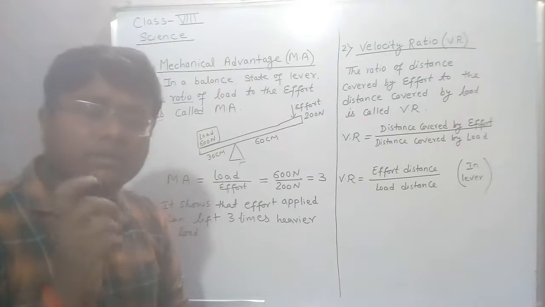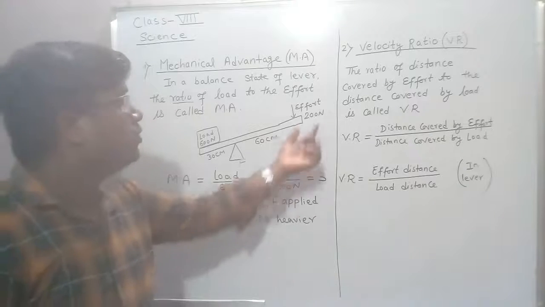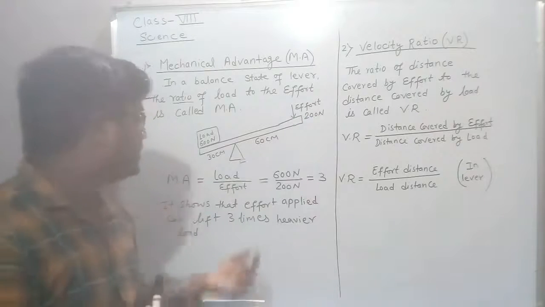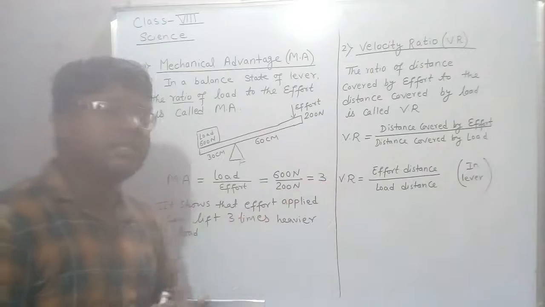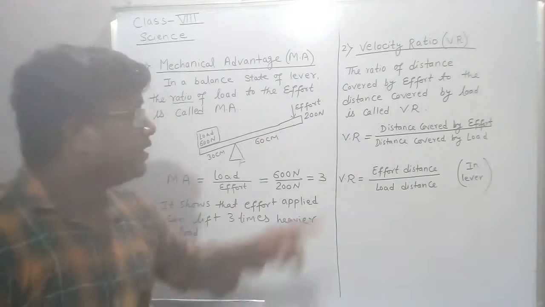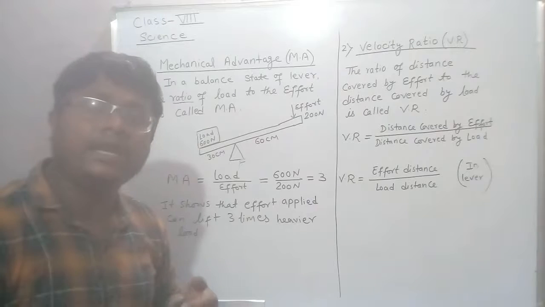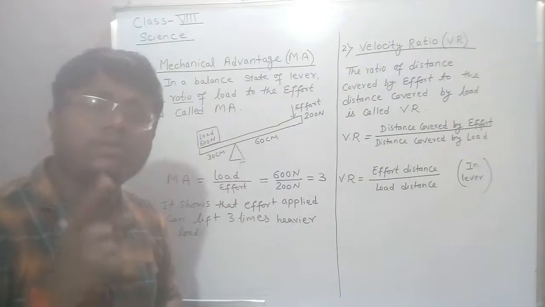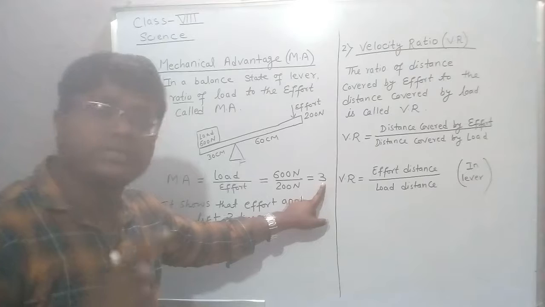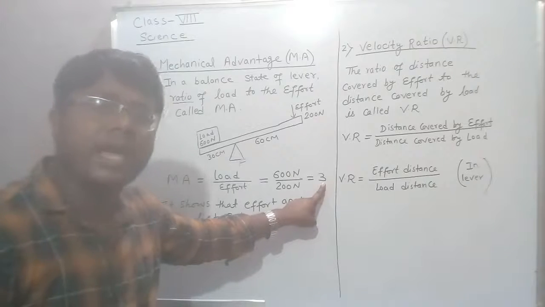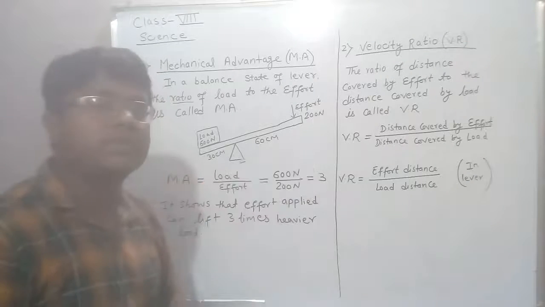So if we apply 200 Newton effort and its mechanical advantage is given as 3, it means by using this 200 Newton effort, we can lift a load 3 times heavier than 200 Newton.